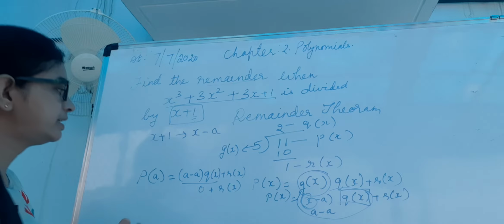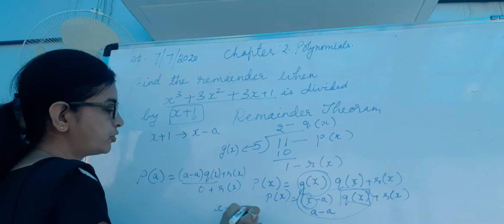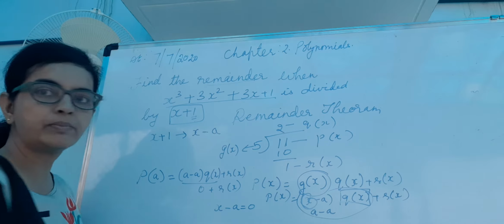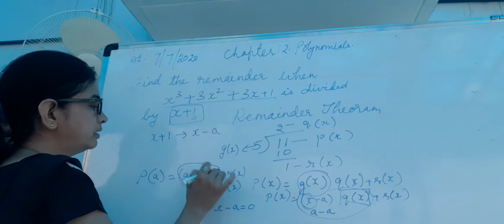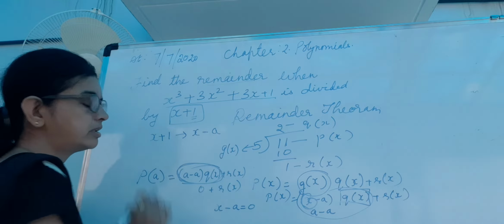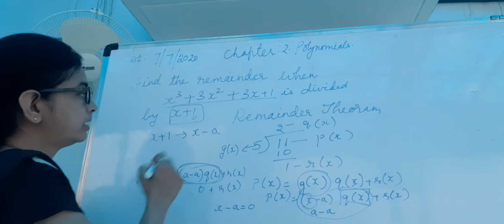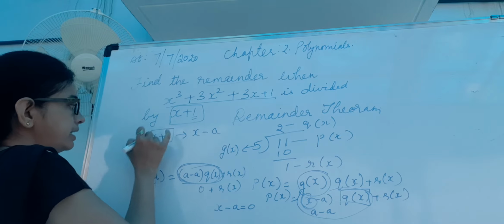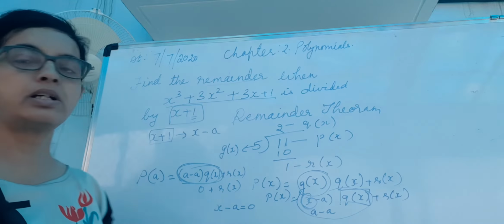And as in the division algorithm, I told that x minus a should be 0. This part must become 0. When this becomes 0, the entire term will also become 0. So, once again, what is the divisor in this particular sum?